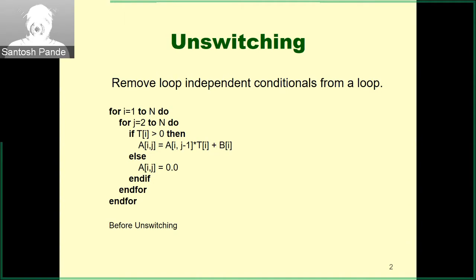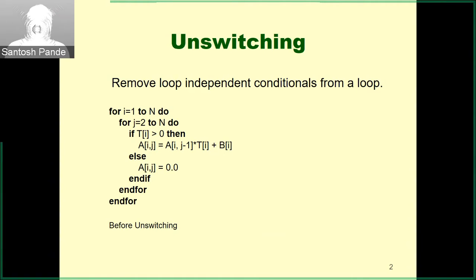The first one is called branch unswitching. What you typically have is what is shown here in this example on the left-hand side. You have a doubly nested loop, and then you have a branch which is guarding a statement at the deepest level of the loop, about t of i being greater than 0. That is multiplying it by a statement and things like that.